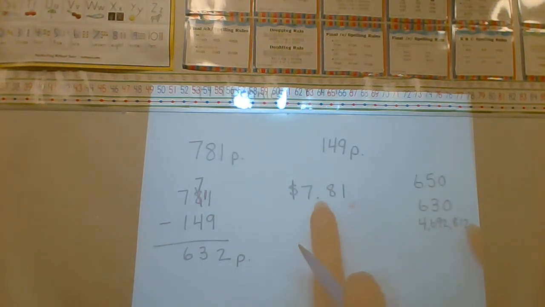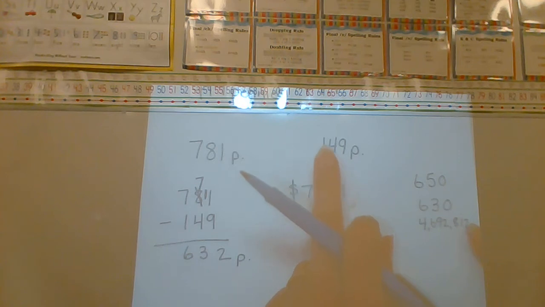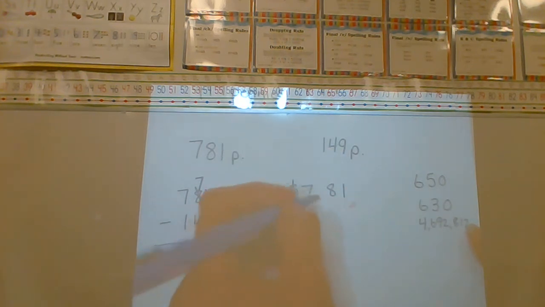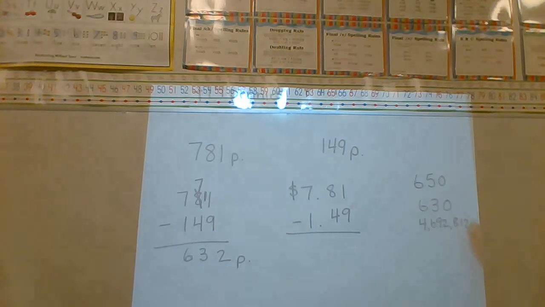Remember the decimal keeps the dollars and the cents on their sides. Now I'm going to subtract what? 149 pennies turns into what? $1.49. Remember, in a vertical problem, we don't need the dollar sign down here. We'll just keep it up here.